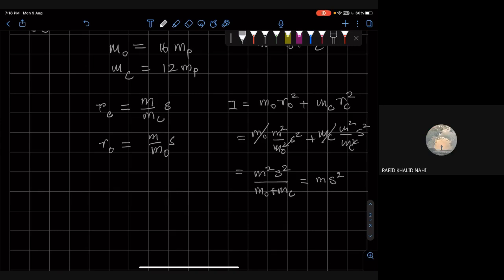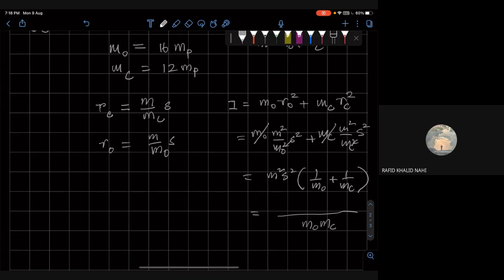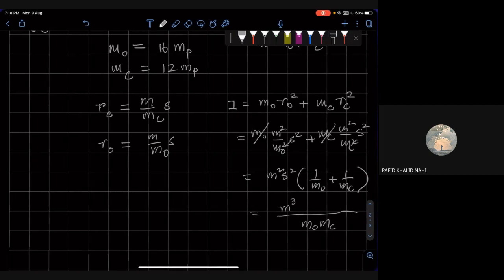So wouldn't it be 1 over M_O plus 1 over M_C? Oh yeah, you're right. Sorry. So this is going to be S squared times M_O M_C over M, which can be written as S squared over (1 over M_O plus 1 over M_C).